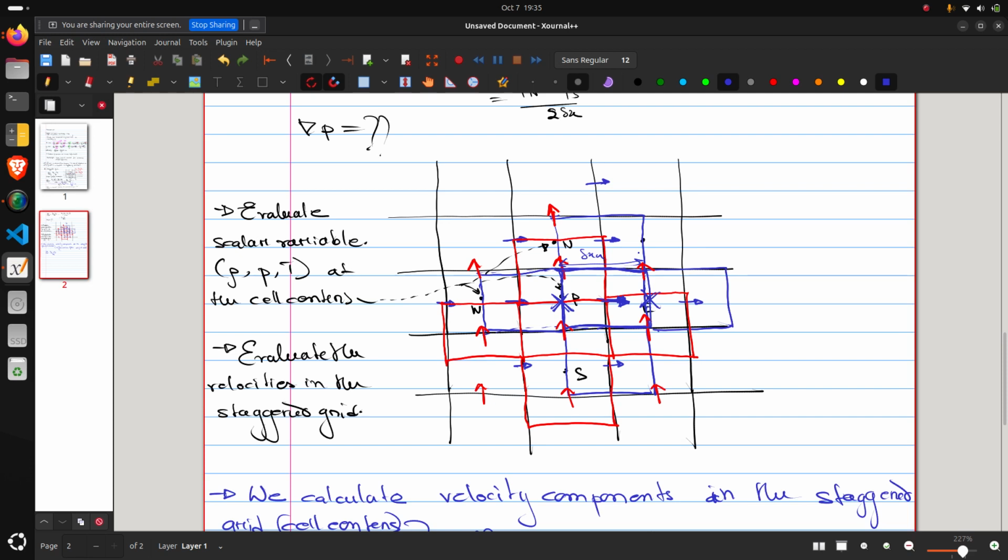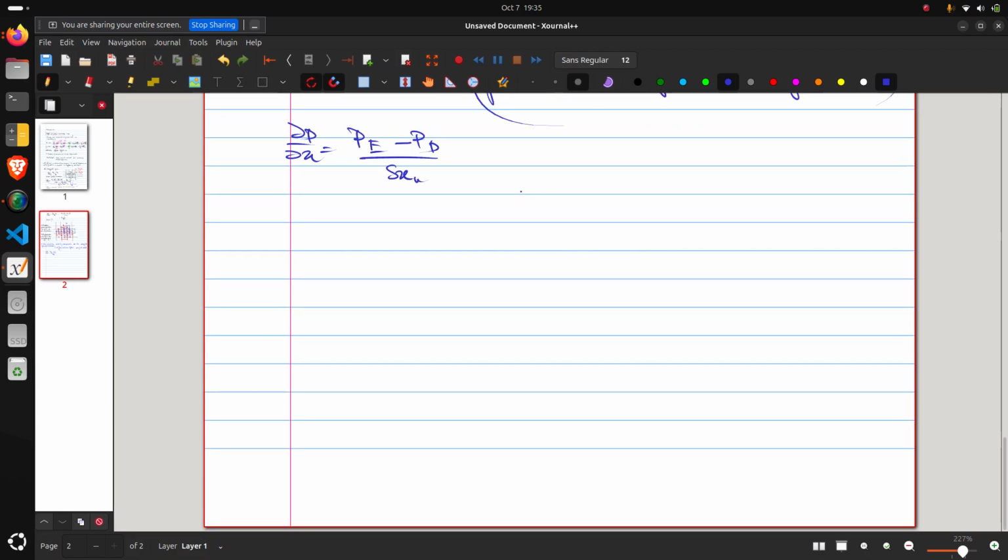So now we see that the checkerboarding pattern will not affect us, even if we have a non-uniform pressure distribution. For example, what was happening initially was that, computing the dou p by dou x, we saw that there was a connection of W and E, but no connection from P, right? So these two were disconnected from each other. But now when we compute the pressure gradient dou p by dou x at this point, we see that these are all connected, this P and E are connected, right?